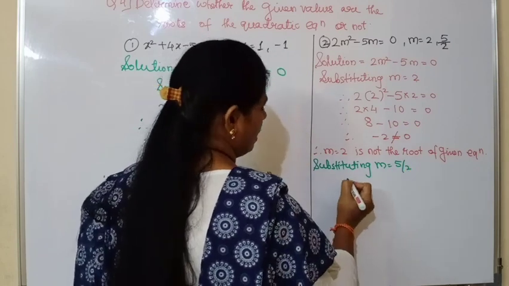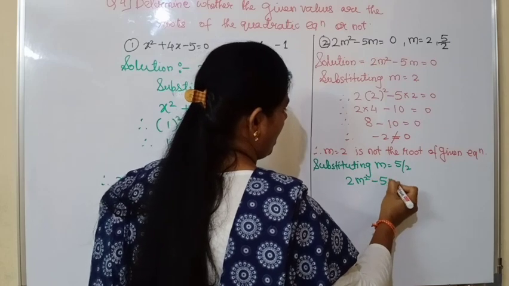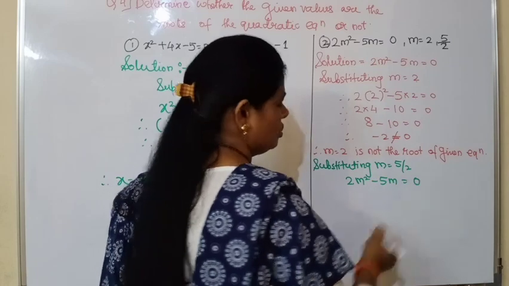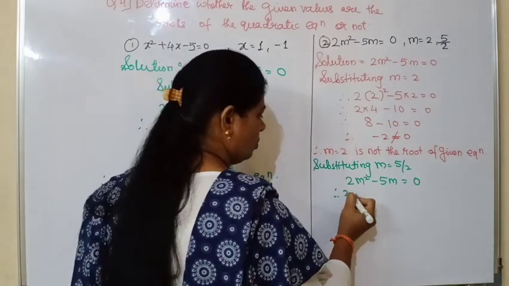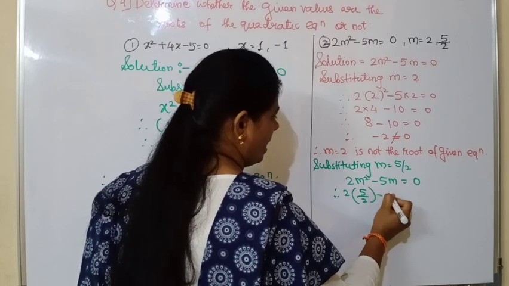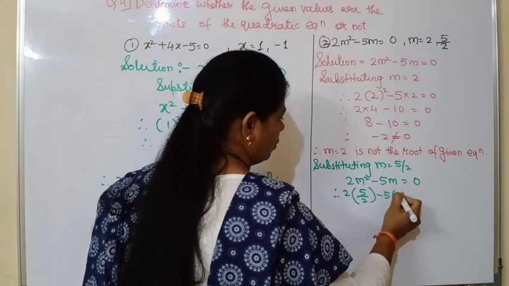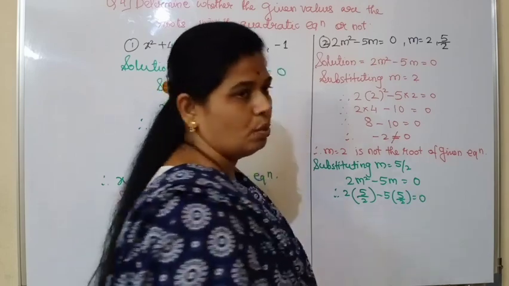Now what is our equation? That is 2m square minus 5m equal to 0. Now we'll substitute the value. Therefore 2 into (5 upon 2) square minus 5 into (5 upon 2) is equal to 0.